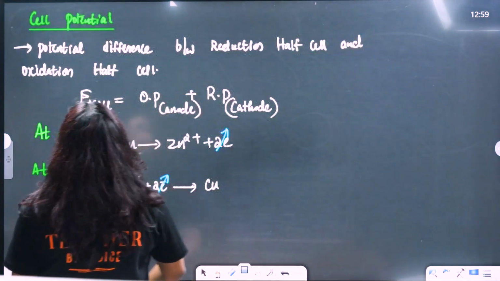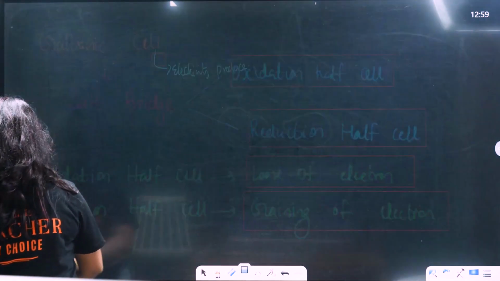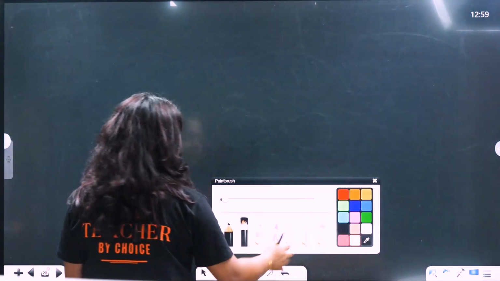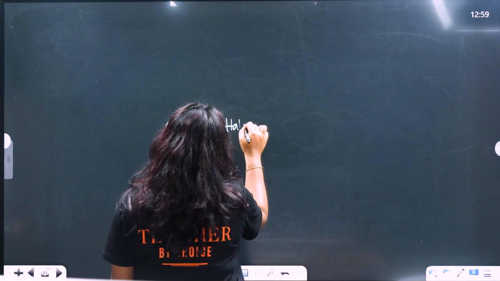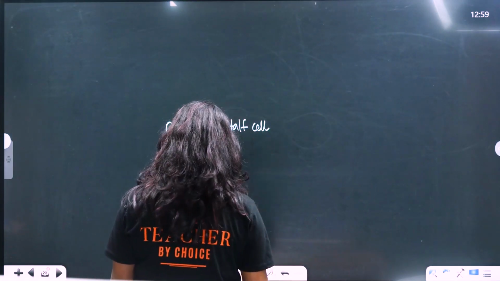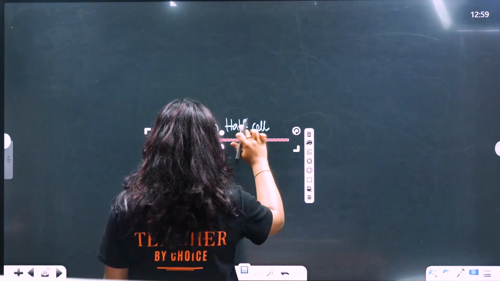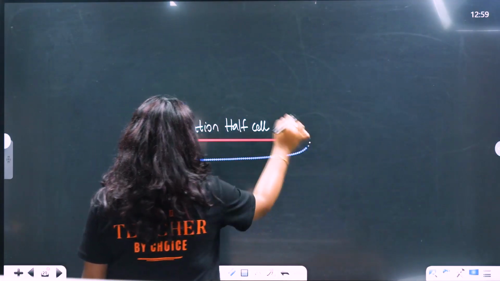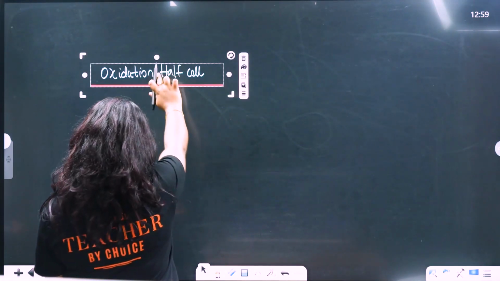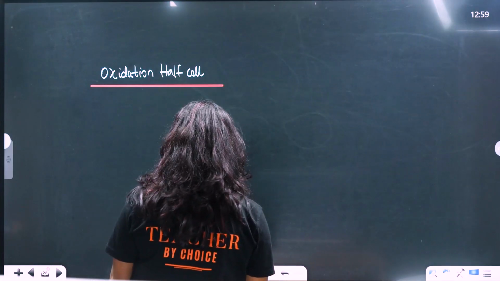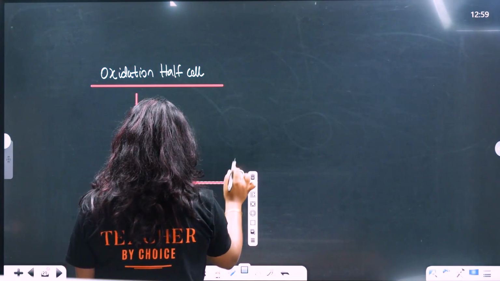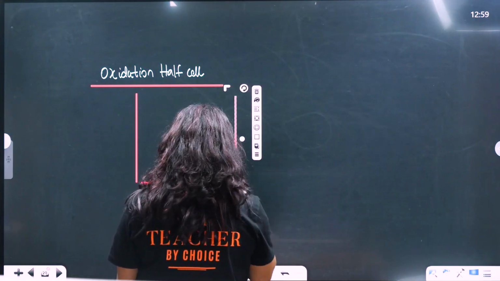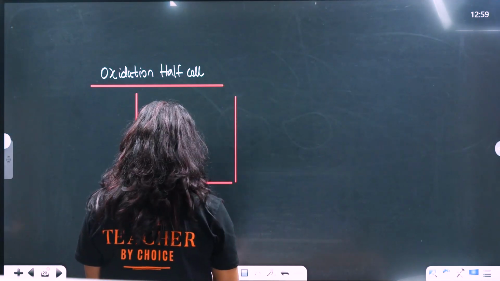Now let me tell you one thing. Oxidation half cell: how will you find out the oxidation half cell, everything. For example, you have a beaker.